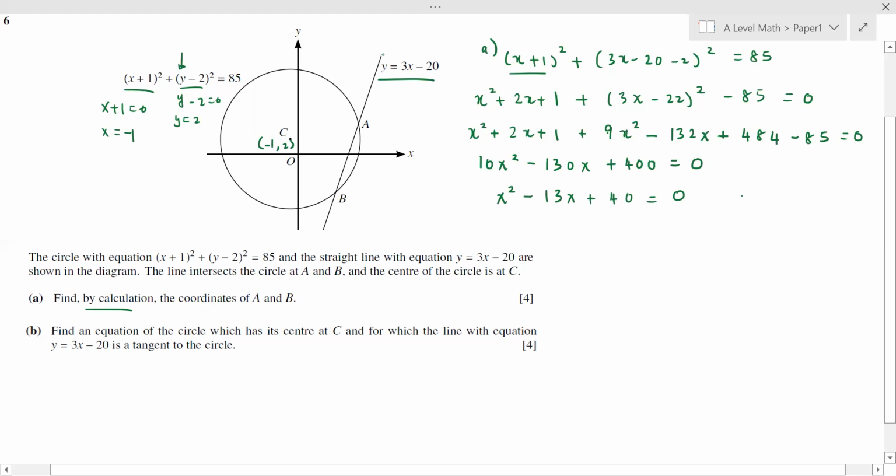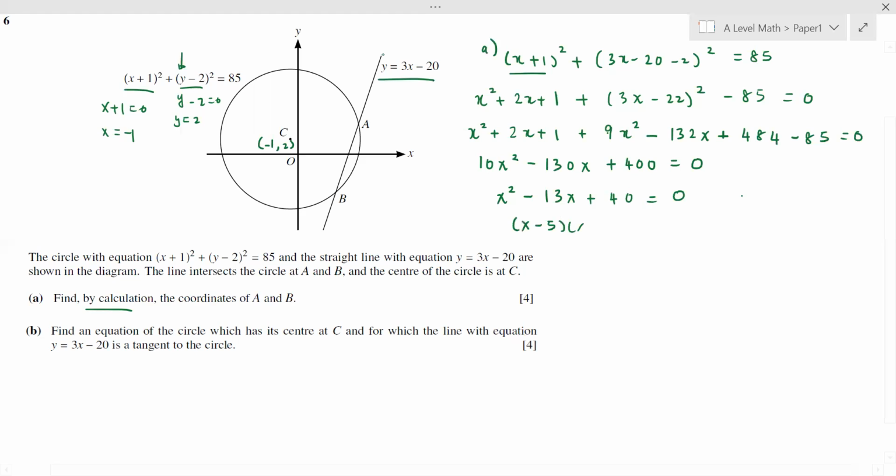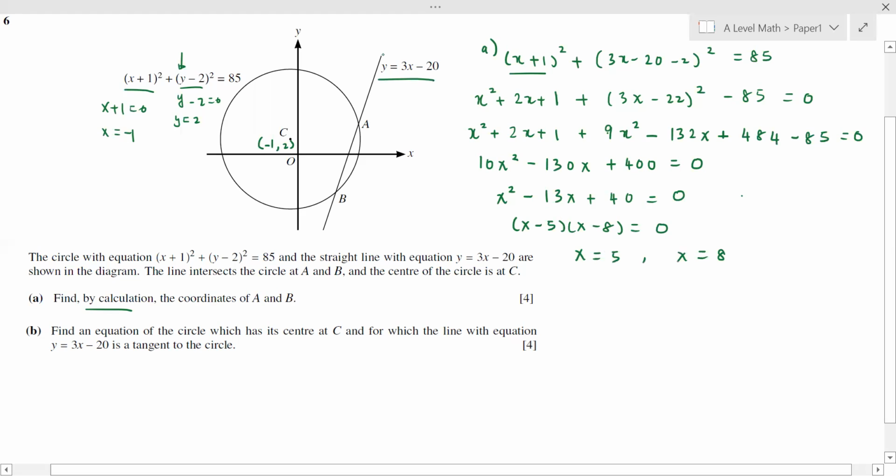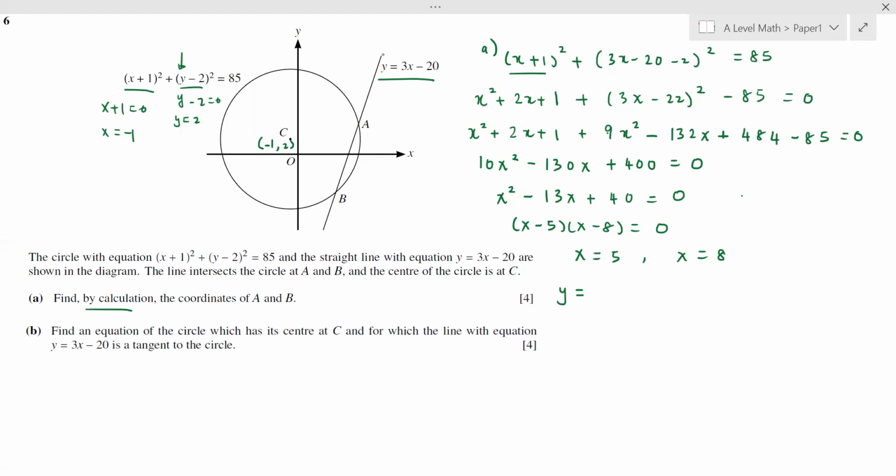This quadratic can be factored to (x − 5)(x − 8) = 0, so that x is 5 or x is 8. Now, when x is 5, you can find the y coordinate by replacing x with 5 in the equation of the line.